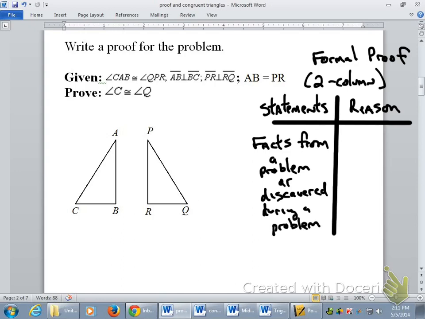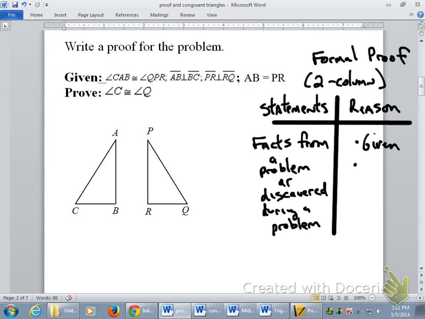Now, how do we know they're facts? Well, a lot of times we know they're facts because of the reasons that they came from to begin with. The reason that they might be facts is because they might have been given to us. At the very beginning of the problem, I might have given you something and said, this is a fact.